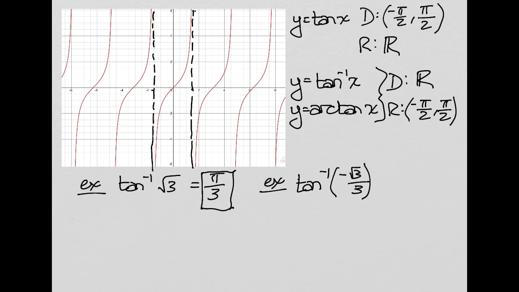Your first instinct might be 11 pi over 6, which does have a tangent value of minus root 3 over 3, but 11 pi over 6, even though it's in the correct quadrant, is not in the correct range. So we're going to have to name a coterminal angle with 11 pi over 6 that is in the right range, and that will be negative pi over 6, coterminal with 11 pi over 6. So there's the inverse of the tangent function.